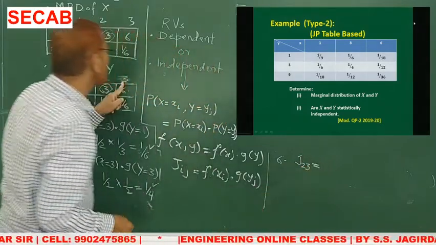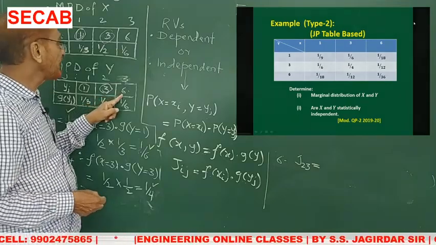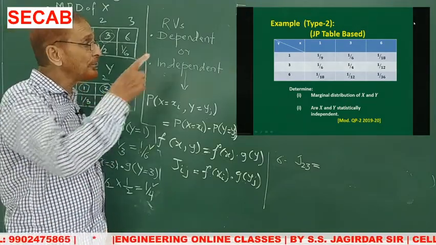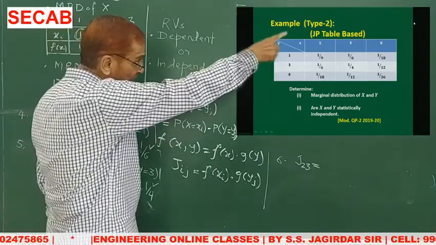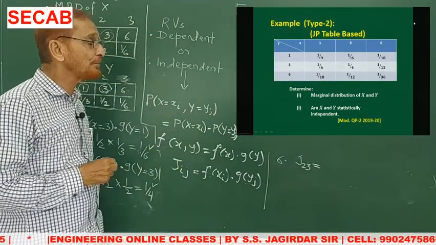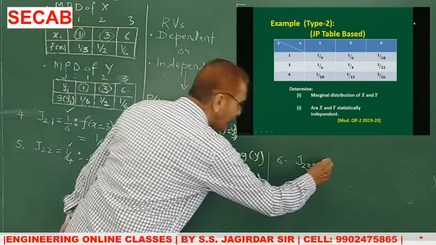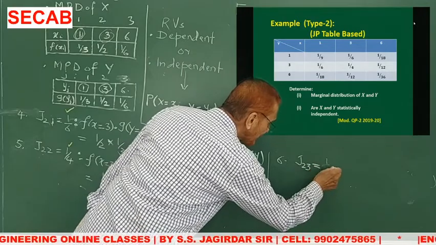What is J23? 2 is 3, 3 is 6, so it is the 3, 6 pair. Look in the table: 3 and the last one, 6. What is the J value listed for this particular box? It is 1 upon 12.